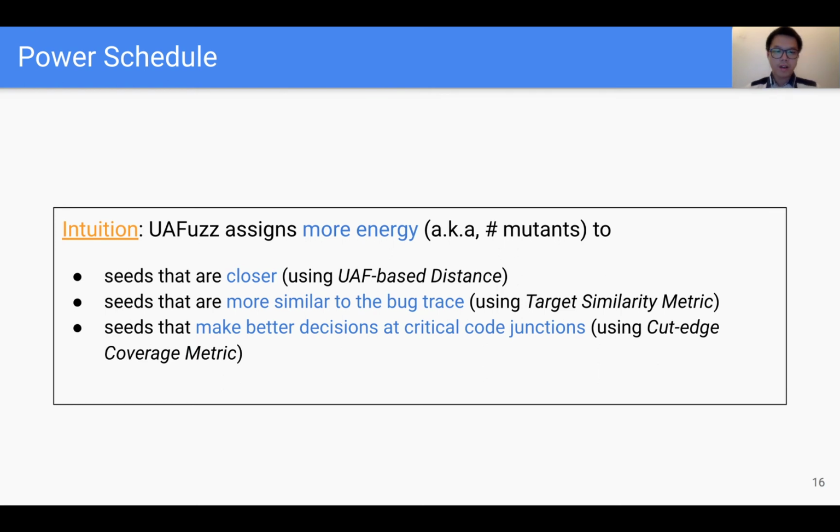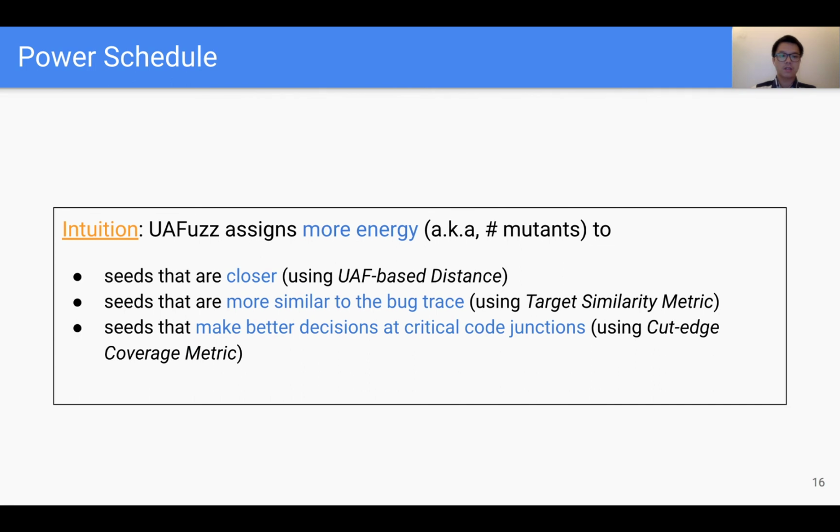Overall, UAFuzz assigns more energy, the number of mutants produced from the selected input, to inputs in the following cases. First, inputs that are closer to the target via our distance metric. Second, inputs that are more similar to the bug trace using the target similarity metric.